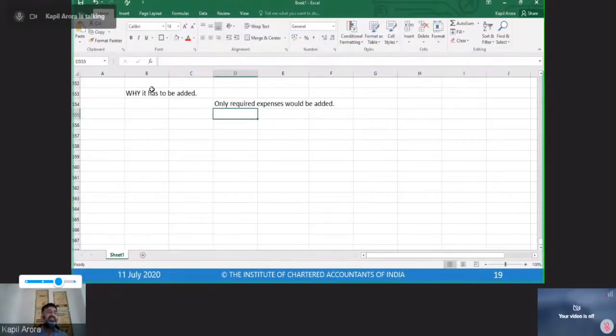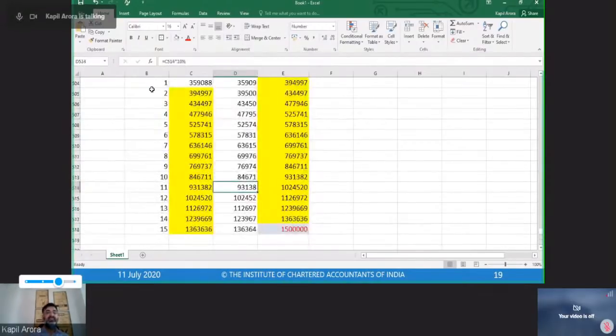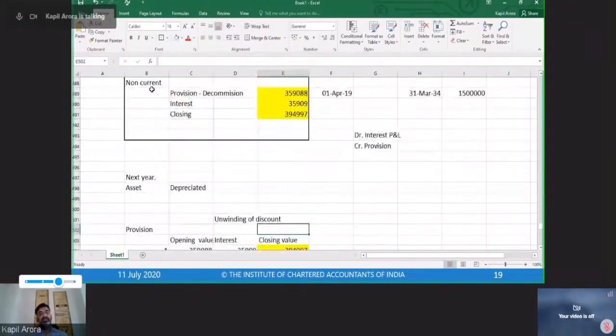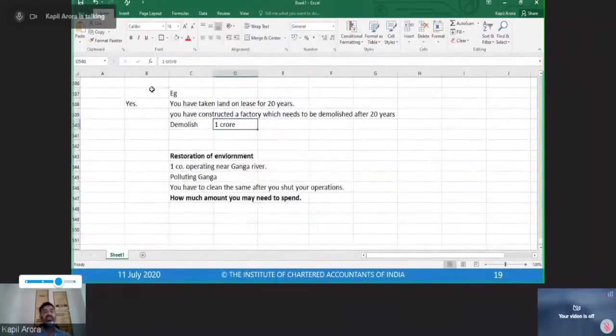So they have mentioned decommissioning recognized as per AS29. So AS29 says this 15 lakh, which we are talking about, is nothing but my estimation. So it will always be my estimated amount. Demolition would require 1 crore, but do we know how much amount I am going to spend after 20 years? No. So this 1 crore is actually the estimated value.